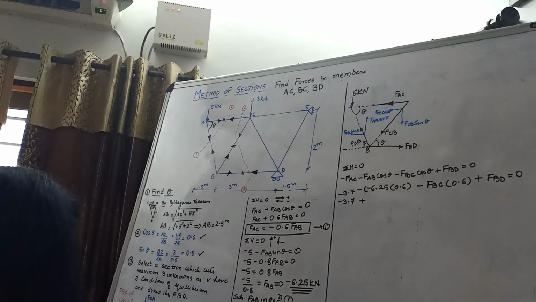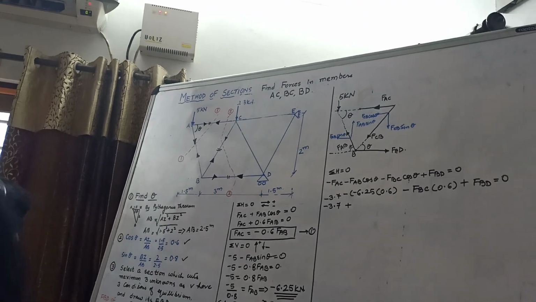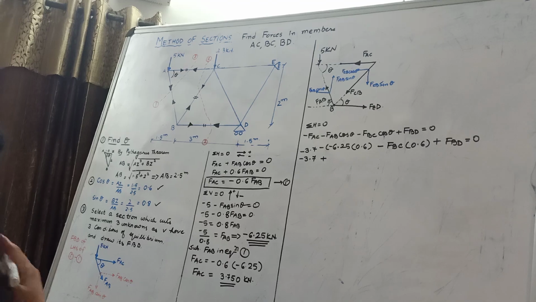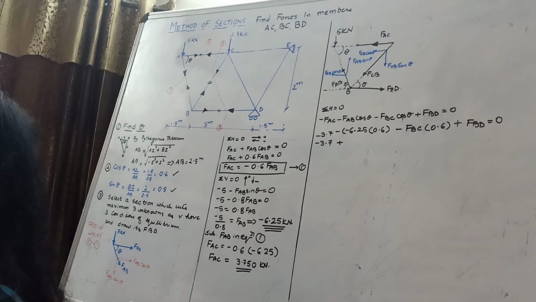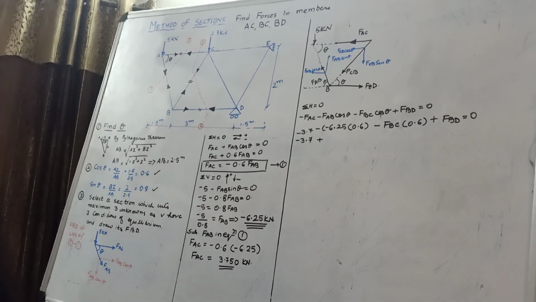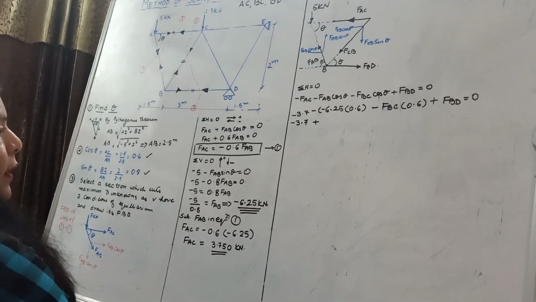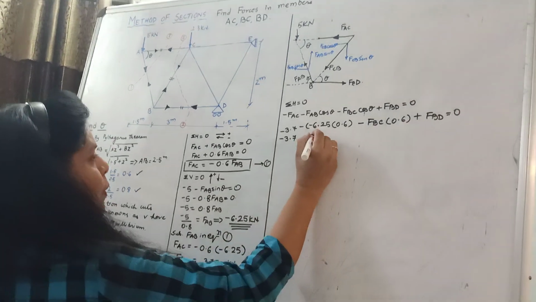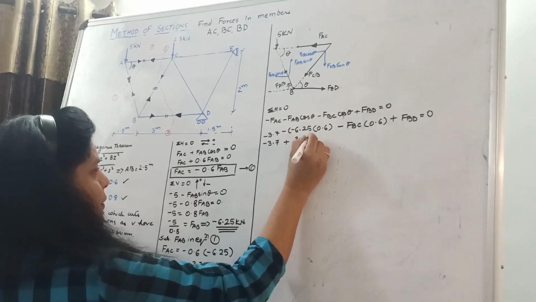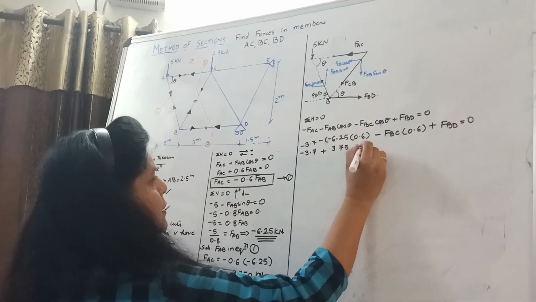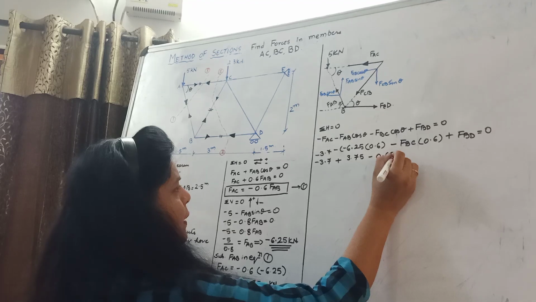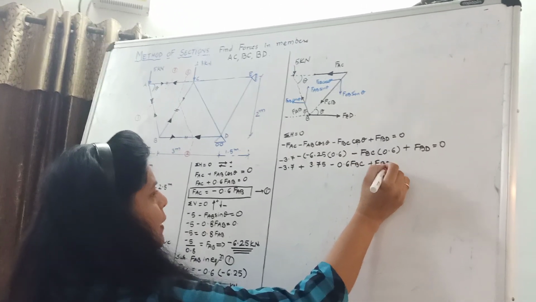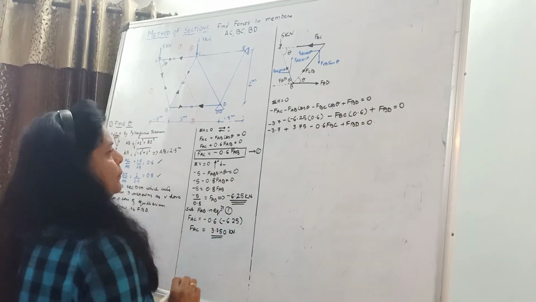Pulkit, can you help me out? 3.750, the value of FAC. It's the same calculation. 3.75 minus 0.6 FBC plus FBD is equal to 0.